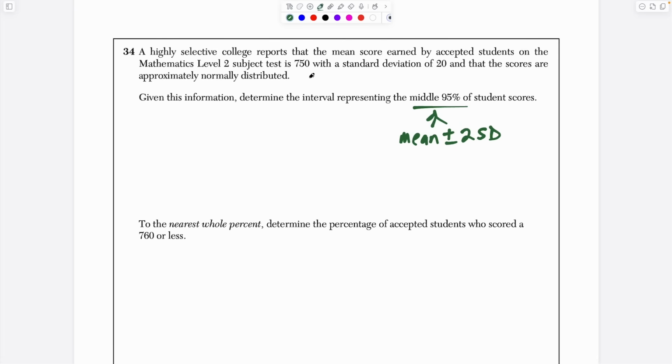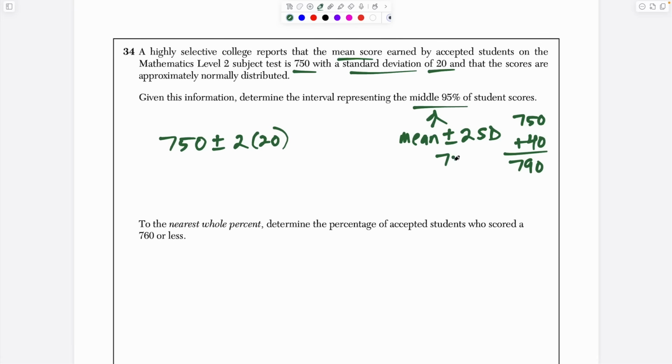This one we could do without a calculator. These numbers aren't too bad. They told us that the mean score on the test was 750. So we're going to do 750 plus or minus 2 standard deviations, and the standard deviation was 20. So we're just going to do 750 plus 2 times 20, which is 750 plus 40, which is 790.